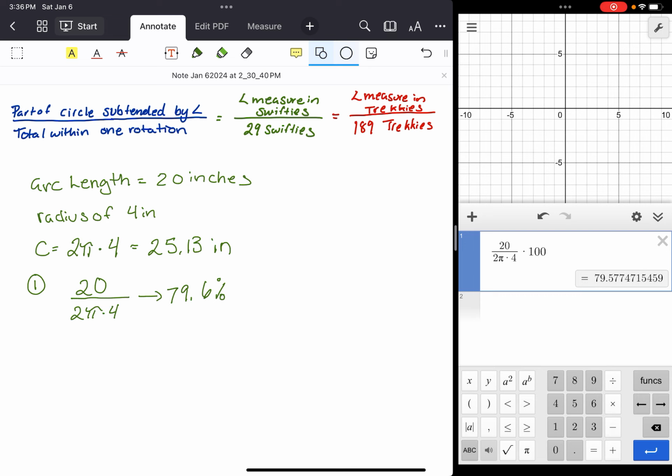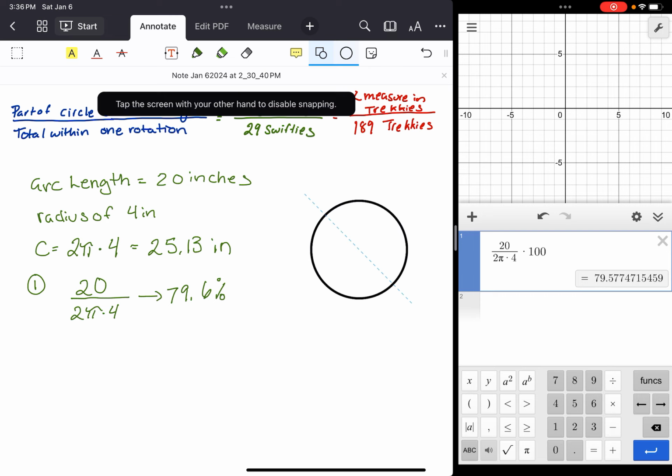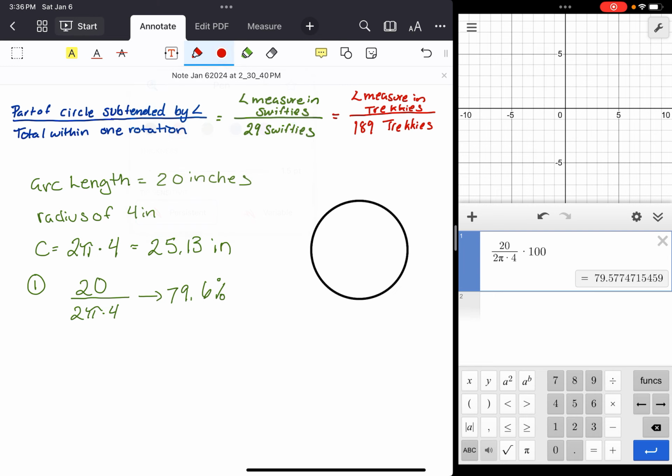So remember last time when we sketched that angle, we thought about 50%. If we start our angle at the 3 o'clock position, 50% would be over here. And then 25% is at the top of the circle, so down here, this would be about 75%. And we're told that this particular angle cuts off 79% of the circle.